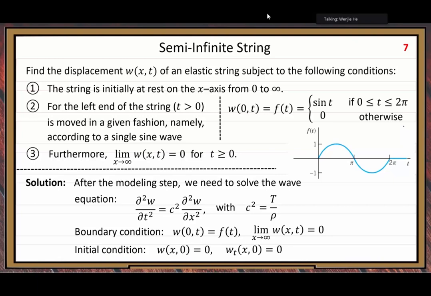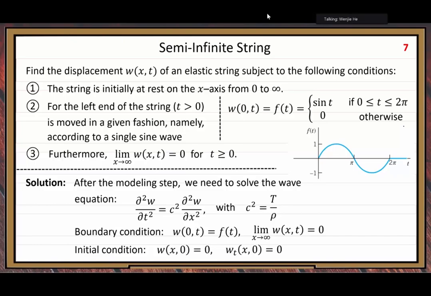Otherwise, you cannot find a solution for the second partial derivative. Initially at rest, so we understand the partial derivative is also 0. So that's all the conditions.